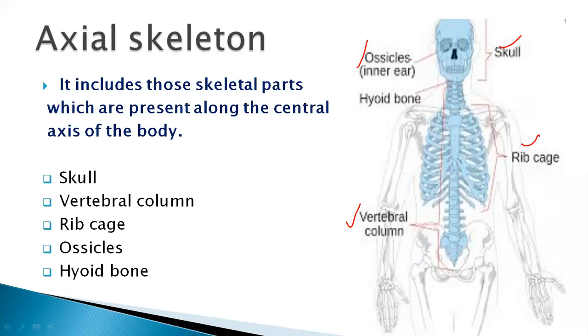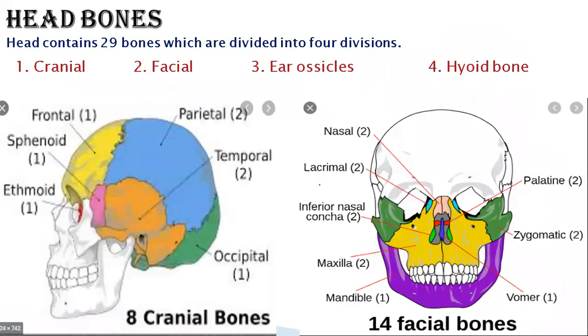These are actually the inner ear bones. What are these? We will discuss later on. And that is the hyoid bone. Now we are going to see separately, one by one, the categories of the bones. First we will see the skull or head bones.